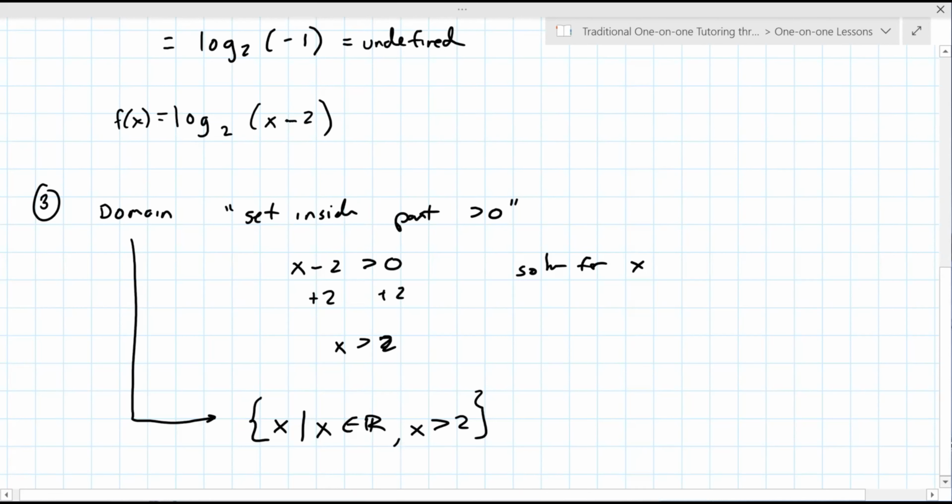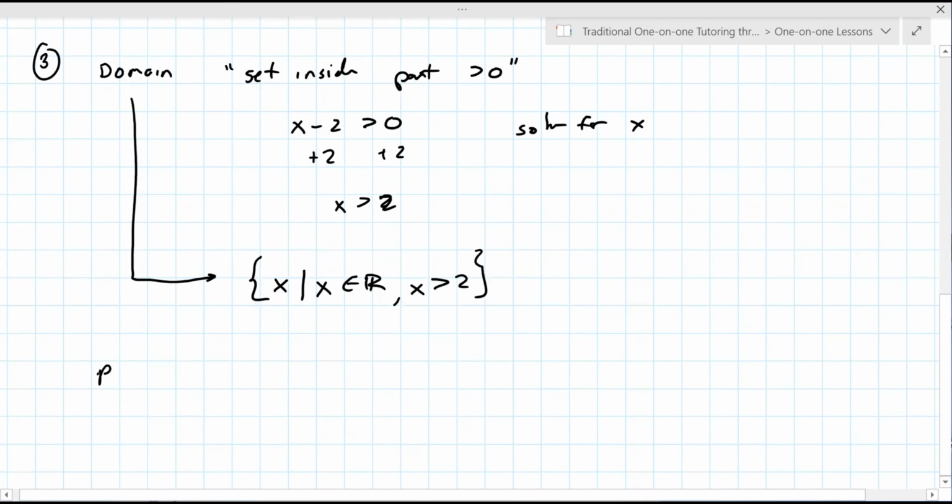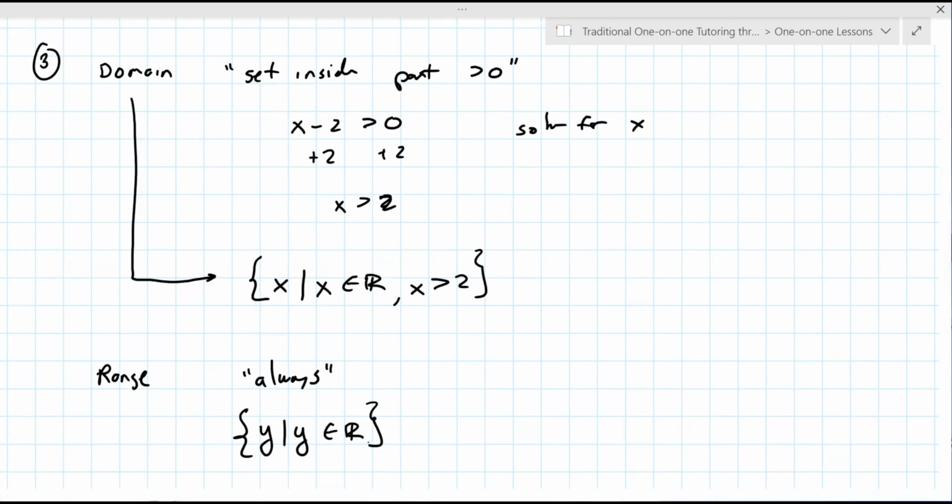Now the range is nice. It's almost always, and I want to say always here, all real numbers. I don't believe there is an exception to that.